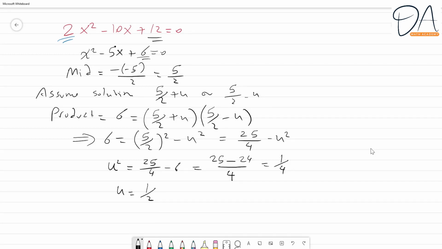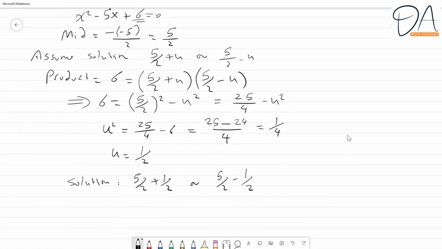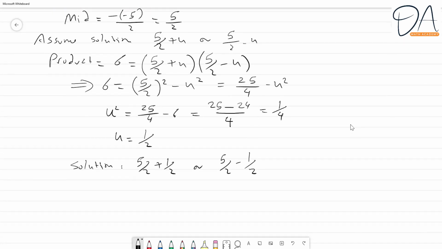So then the solution will be our midpoint 5 over 2 plus 1/2, or 5 over 2 minus 1/2. So this is 5 plus 1, 6 divided by 2 gives you 3. And here 5 minus 1, 4 divided by 2 gives you 2. So these are the solutions to our equation.